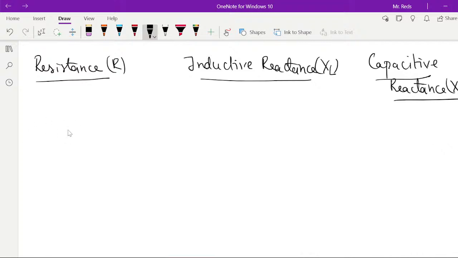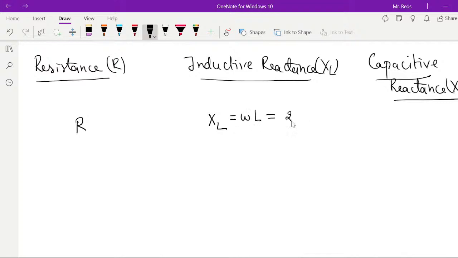So resistance, usually the opposition, you can take it as R, but the corresponding or analogous term in a pure inductive circuit is nothing but XL. So as resistance is measured in ohm, XL also will be measured in ohm only. It is nothing but an opposition kind of resistance, but it is equal to omega L.